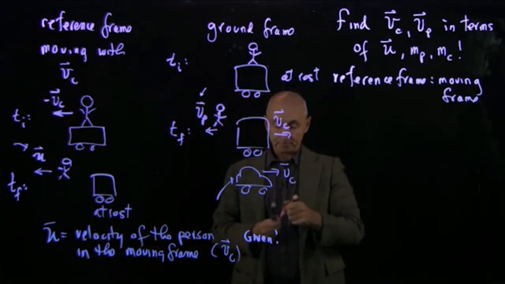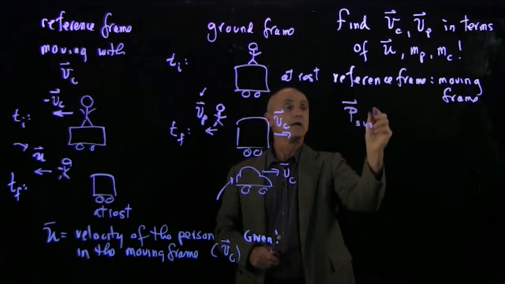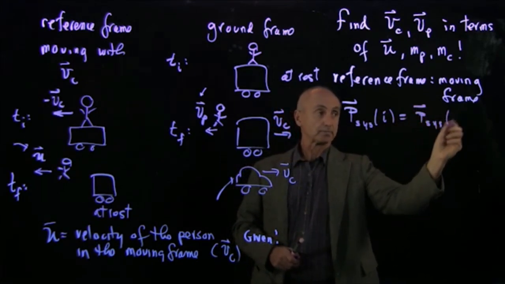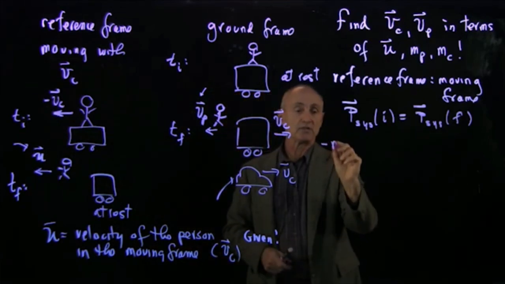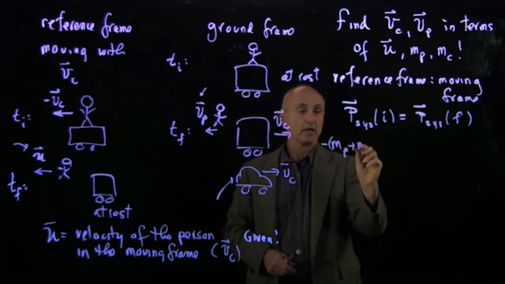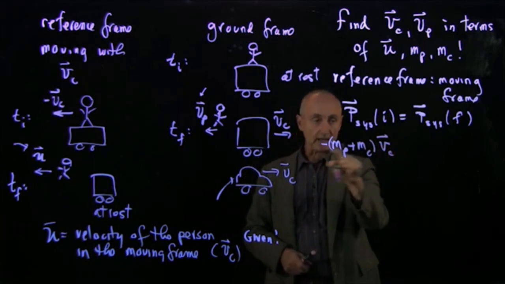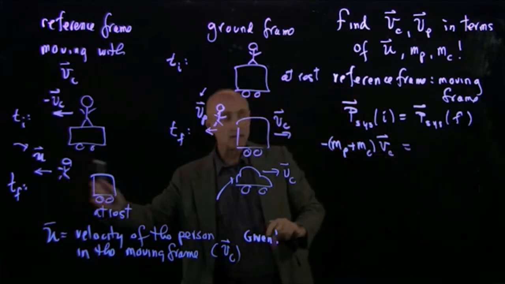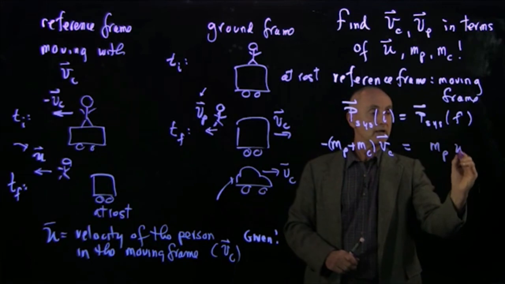In the moving frame, we have that the momentum of the system initially equals the momentum of the system finally. Now the initial momentum is just minus mp vc plus m cart v cart. Notice the minus v cart. And the final momentum is equal to just m person u.